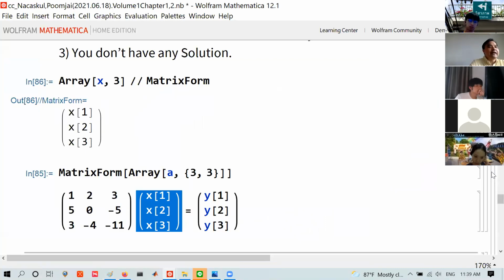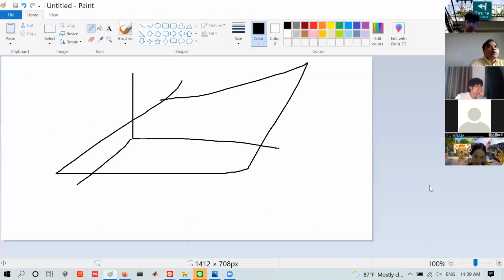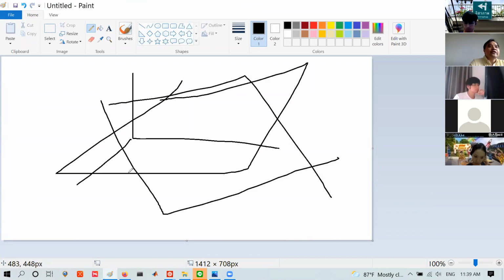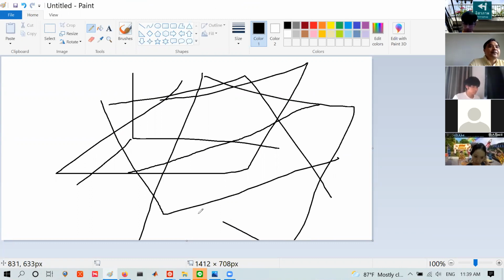Now, if you have three equations and three unknowns, you have three planes. So this plane intersects with this one on a line, and then you have another plane that intersects this here. So you have a unique solution.